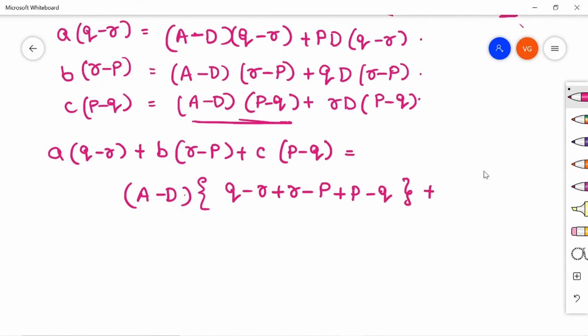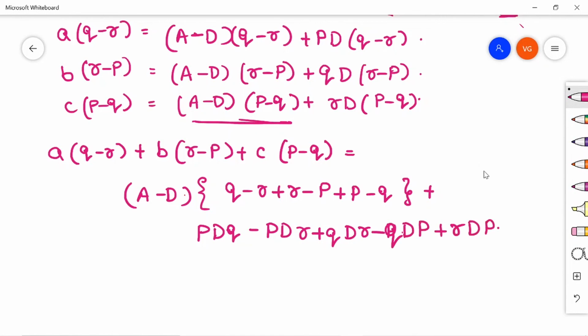Then the rest here. So that is pDq minus pDr plus qDr minus qDp plus rDp minus rDq.